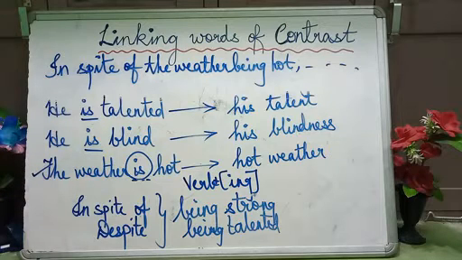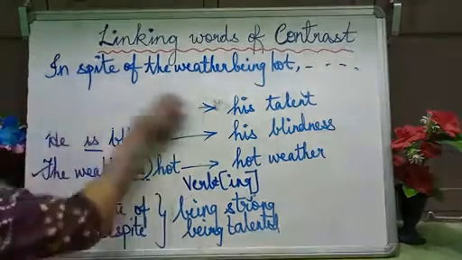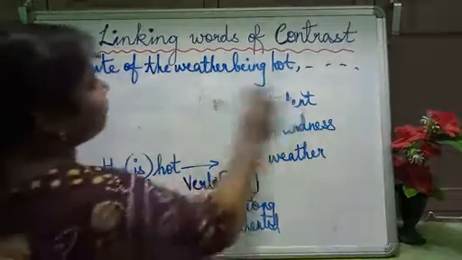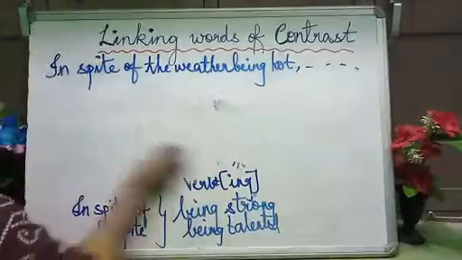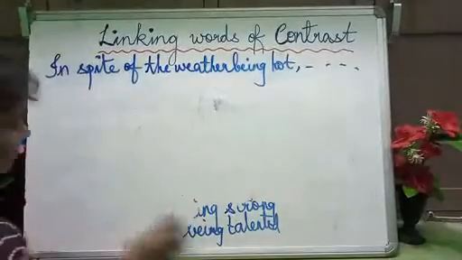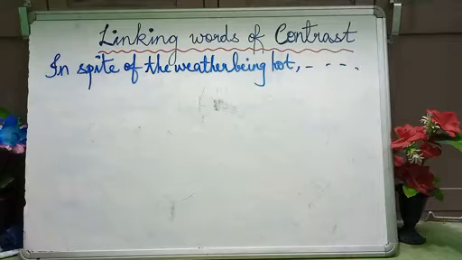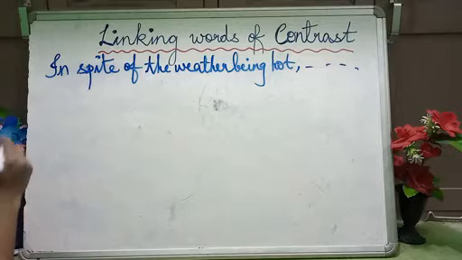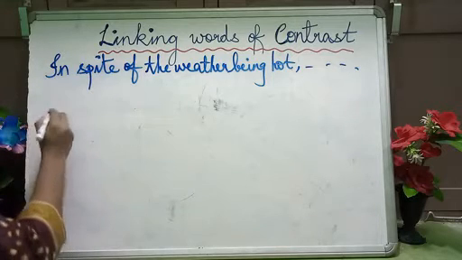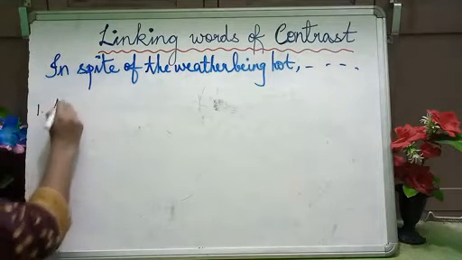Okay. Now I'll give you one example. Let me tell you one example. In that example, how we will write using although, despite, in spite of. So one sentence I'll give you. See here.